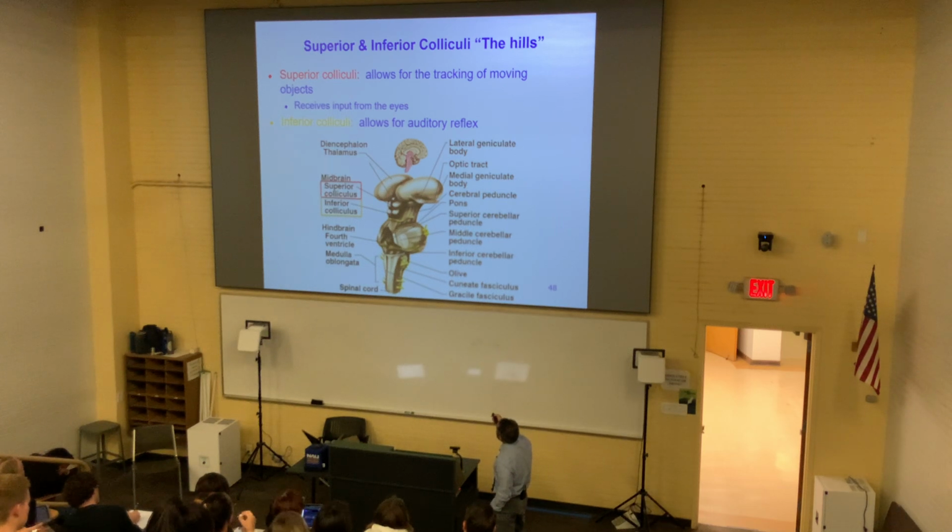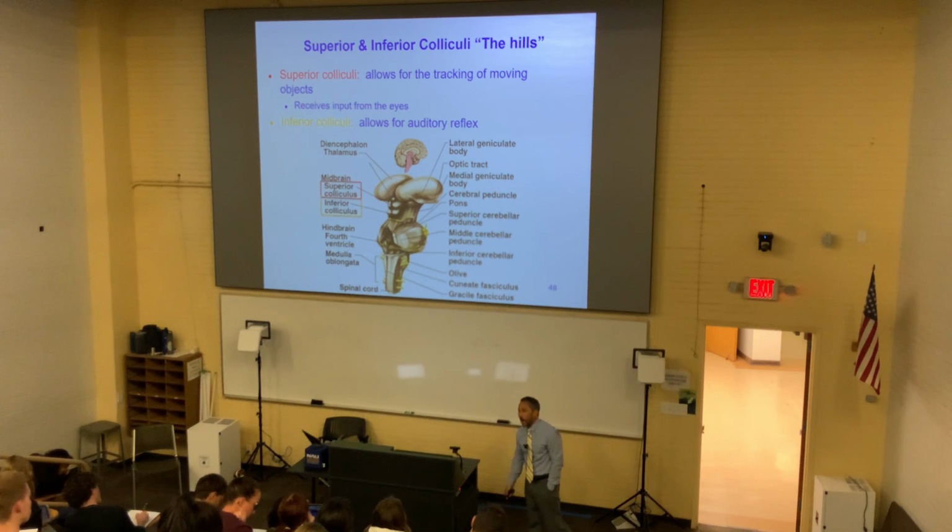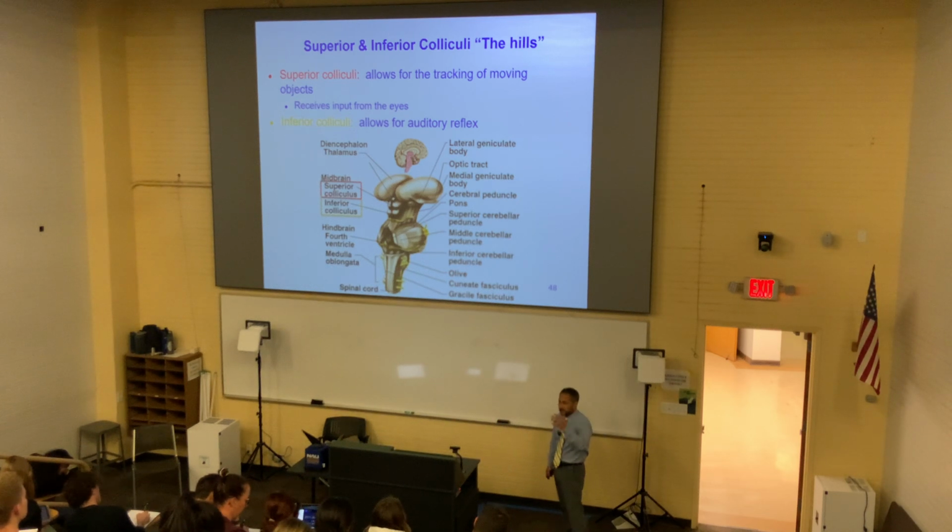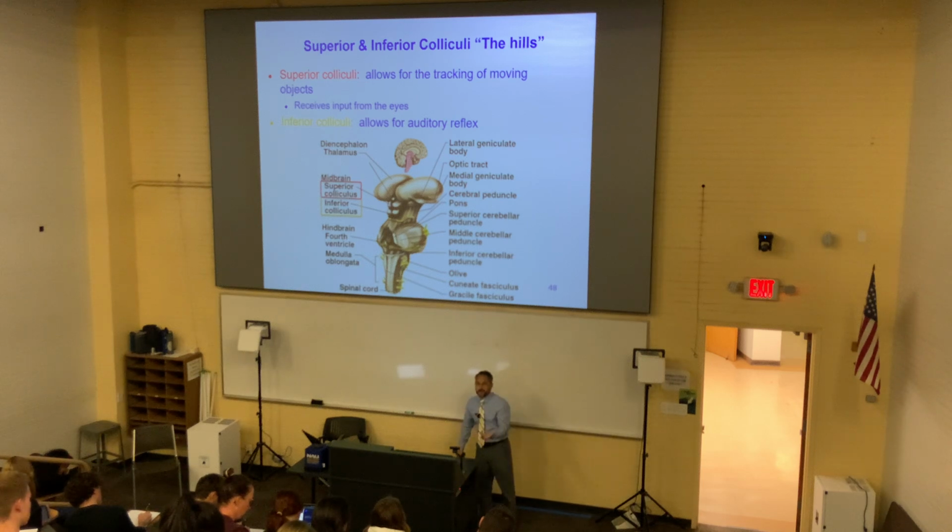So this is the thalamus right here. And below the thalamus, we've got the two pairs of the superior colliculus and the two pairs of the inferior colliculus. Collectively, because there's four of them, that's known as the corpora quadrigemina. So what do they do?